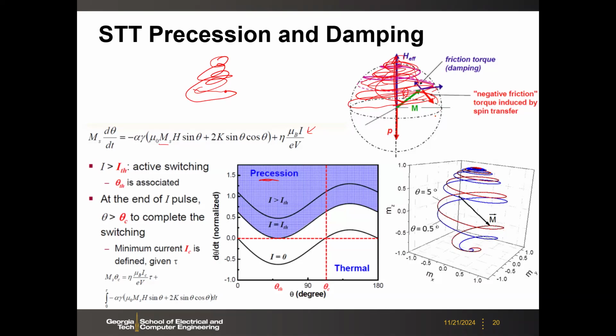But if you are approaching the threshold, then on top of the current there will be thermal noise, and it may flip. So you have the threshold current, but in some cases you can also flip if you have thermal noise. This is very complicated. I will skip that, but later I will explain why this matters.